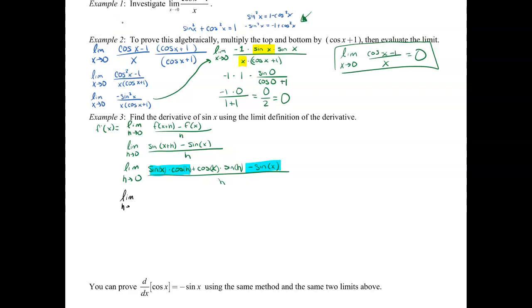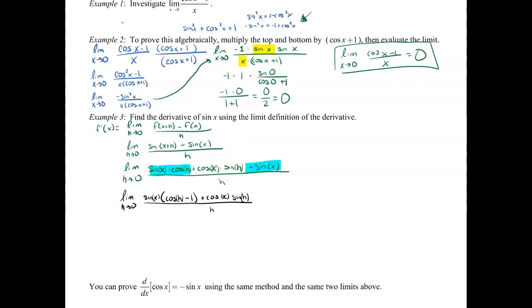So I've got the limit as h goes to 0 of sine of x, and then what's left is cosine of h minus 1, and then I'm still going to have that plus cosine of x times sine of h, all over h. I don't know why not having parentheses bothers me so much, but it does. That allows me to get my sine of x's together and my h's together.